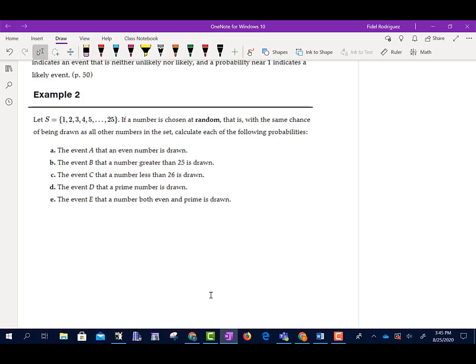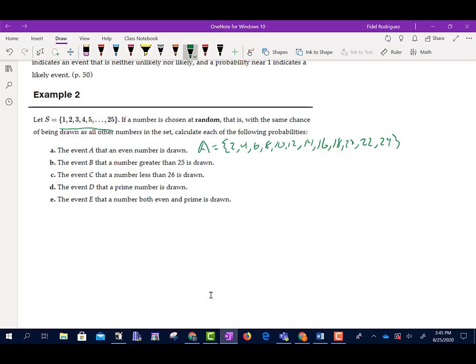So it says, let S be the set of the numbers 1 all the way through 25. If a number is chosen at random, that is, with the same chance of being drawn as all the other numbers in the set, calculate each of the following probabilities. Okay. A, the event that an even number is drawn. So let's list all our even numbers: 2, 4, 6, 8, 10, 12, 14, 16, 18, 20, 22, 24.